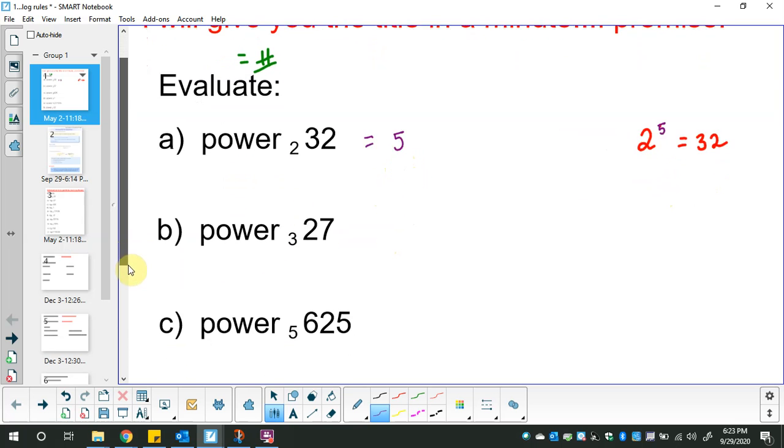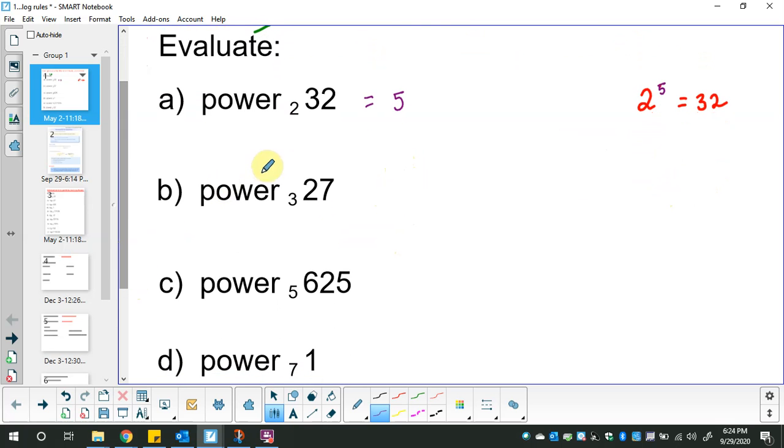Now we get to do it all again, only this time I'm asking you 3 to the power of something is equal to 27, and your job is to find the something. So I hope you can figure out that 3 to the power of 3 is equal to 27. So this little 3 upstairs, just like this little 5 exponent, is actually the answer.